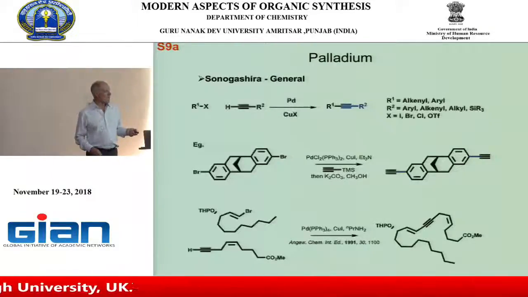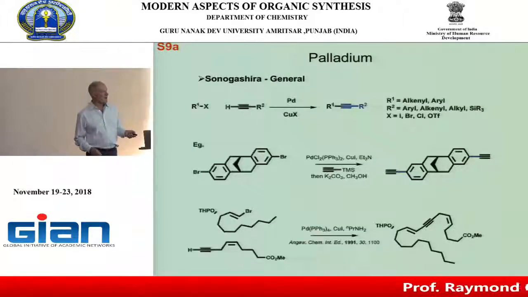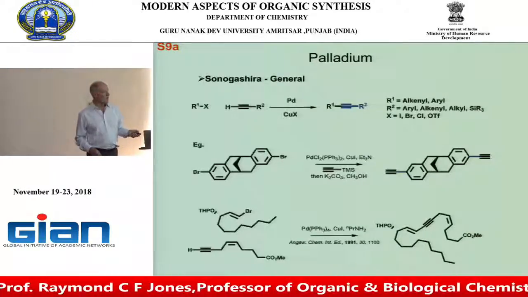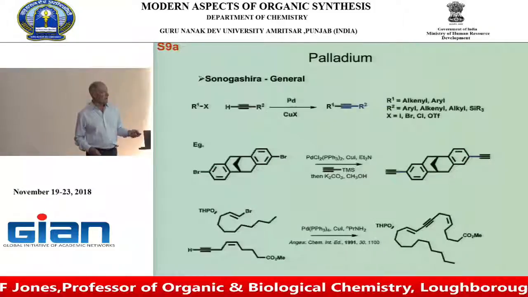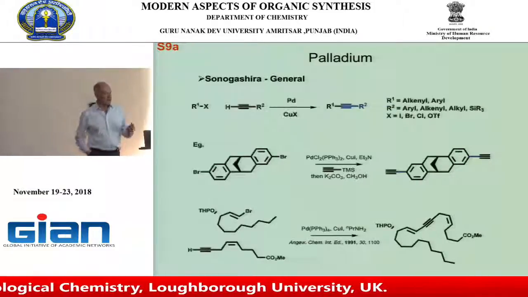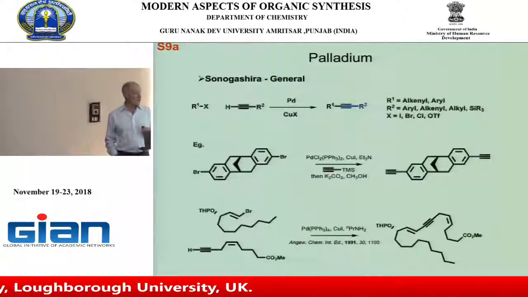Here's another one with this alkenyl bromide and a terminal alkyne, palladium derivative, copper 1 derivative, coupling to make that bond. And once again, the geometry of the alkenyl halide is retained in the coupling. So the coupling takes place where the leaving group was.